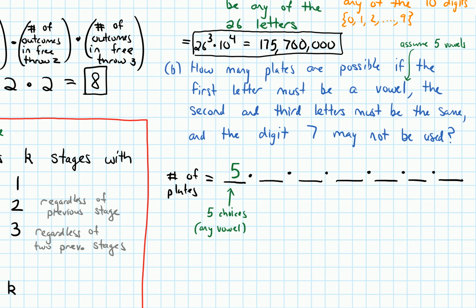And then it tells us that the second and the third letters must be the same. So let's start by choosing the second letter. The second letter could be any of the 26 letters. So 26 choices there. But now for the third letter, this has to be the same thing that the second letter was.